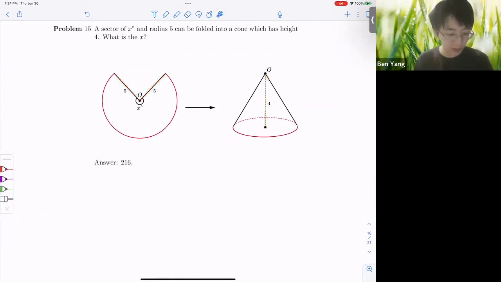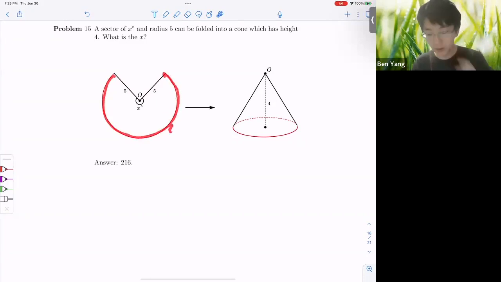For this type of question, the key is to look at the red part of the graphs here. That's the arc of the sector and also the circumference of the base of the cone. If you think about it, those two are actually the same thing.